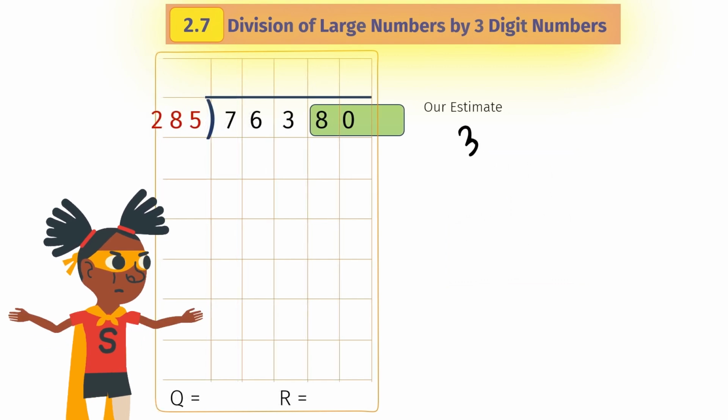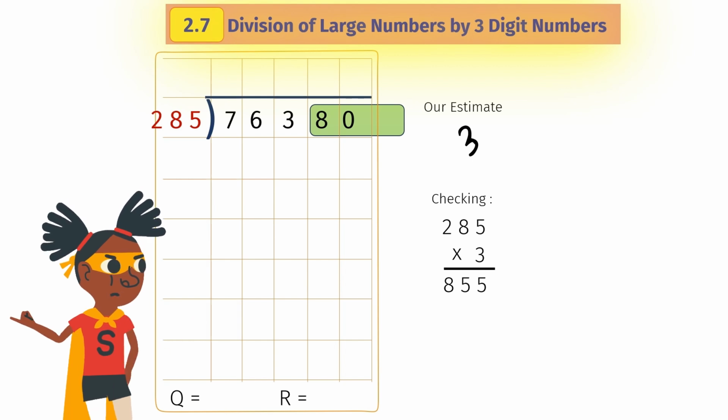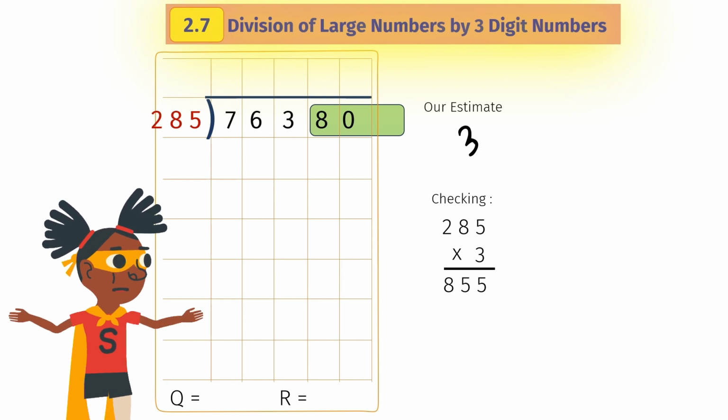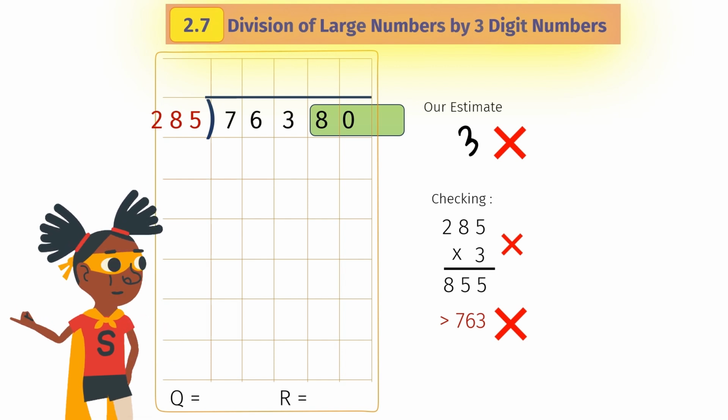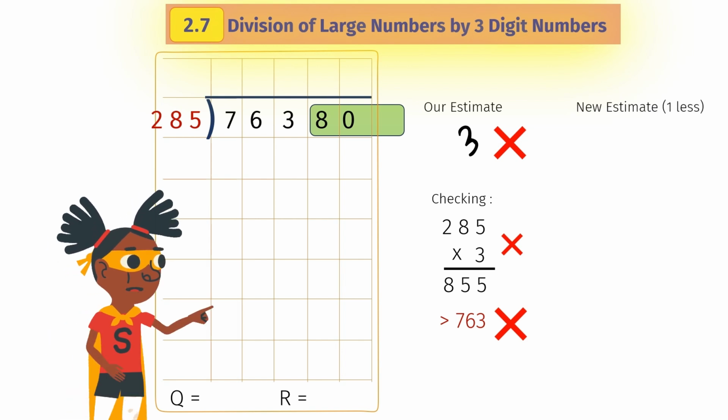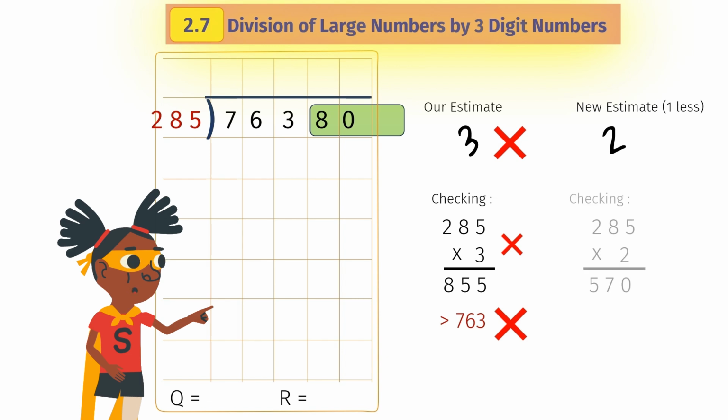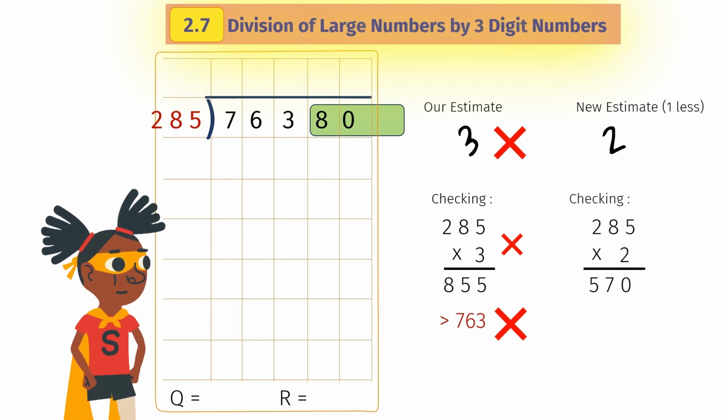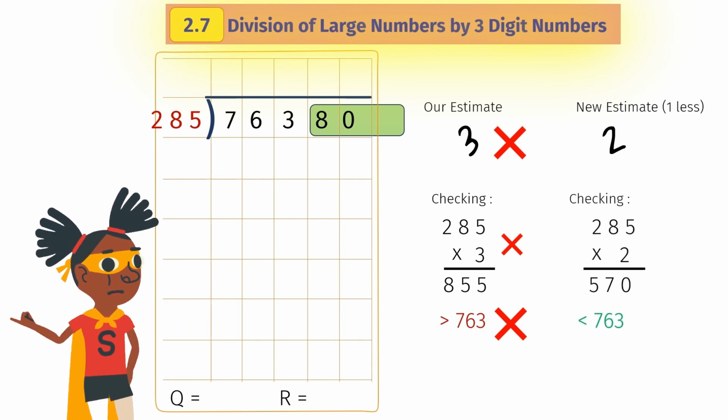Let us check the estimate of 3. 285 into 3 equals 855. Since it is greater than our dividend 763, our estimate is incorrect. We try 1 lesser than 3. 285 into 2 equals 570. 570 is lesser than 763.